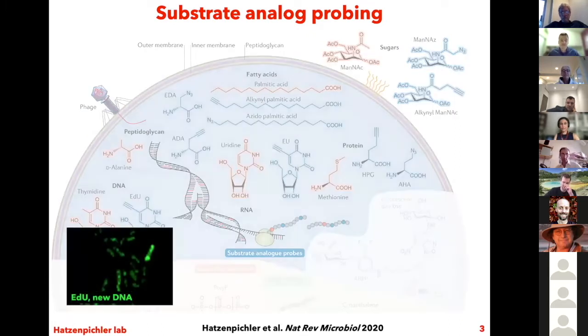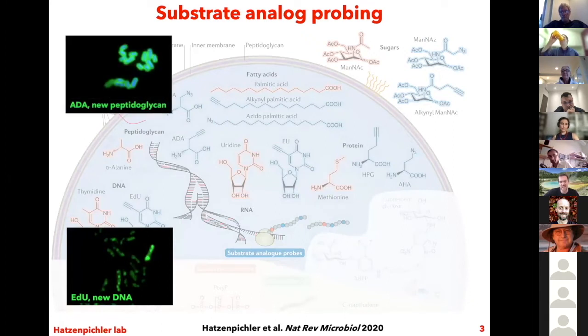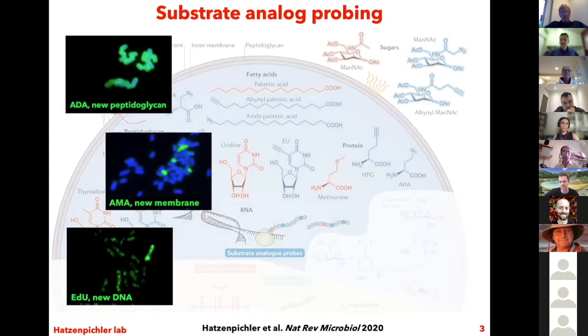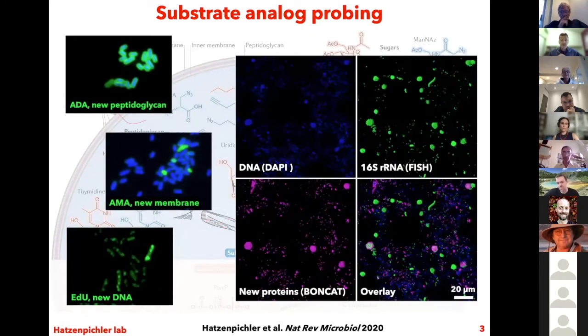And so with this, we can use click chemistry enabled fluorescence staining methodology to visualize, under as close as possible to in situ conditions, newly synthesized molecules, microorganisms that synthesize new DNA or new peptidoglycan or new membrane lipids, or what we have been focusing on in this study, new proteins.